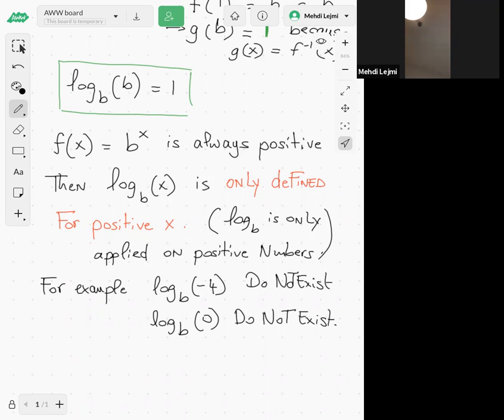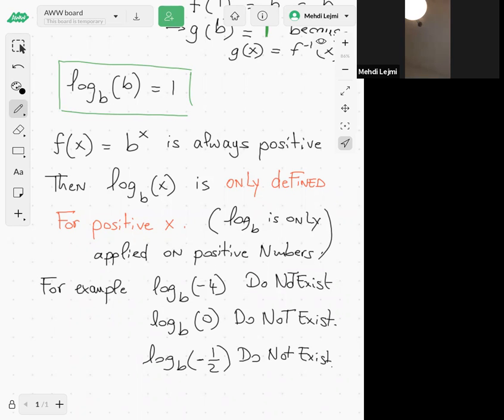Or log in base b of negative, let's say, 1/2. Well, it's a negative fraction, but it doesn't matter if it's a fraction or a whole number. It's negative, so then the log does not exist.